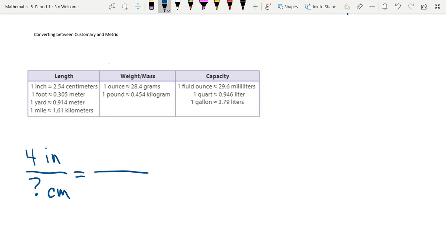First thing you need to do is put in your labels exactly the way you have it on the left side, the exact same way. Now I look at my chart on page 191 and I say, okay, inches to centimeters. That is right here. And I don't want a blue line. I want the highlighter.